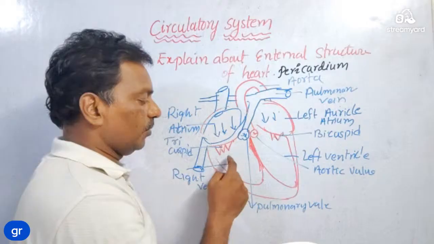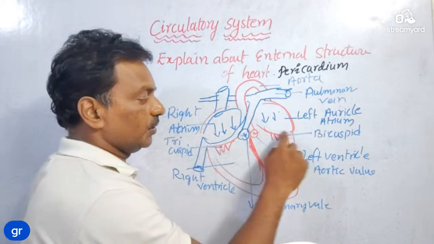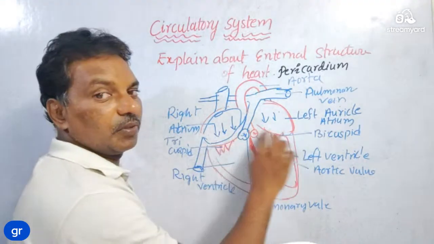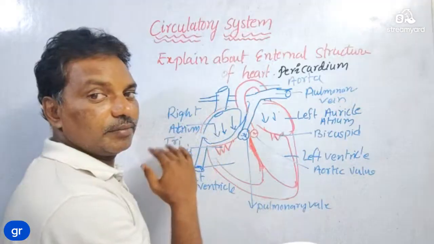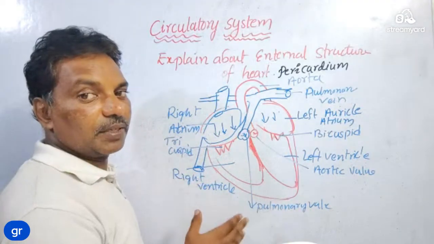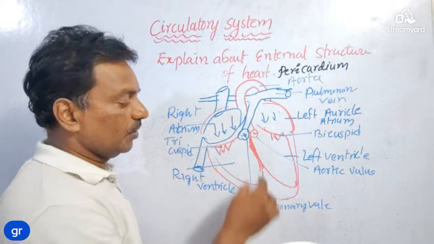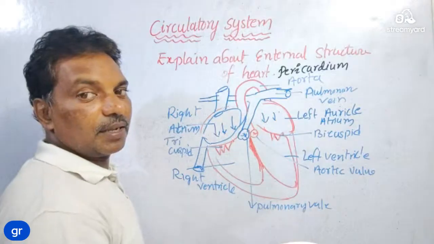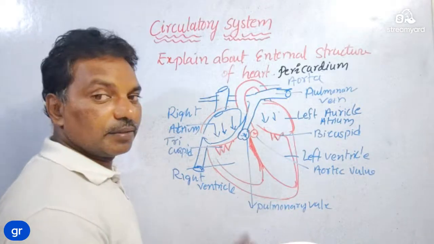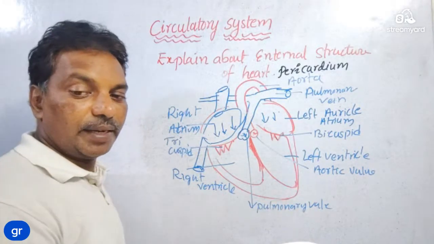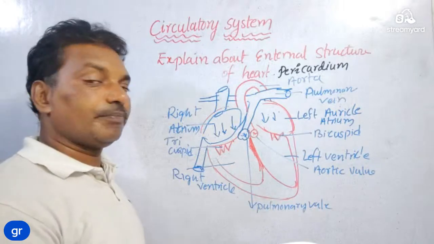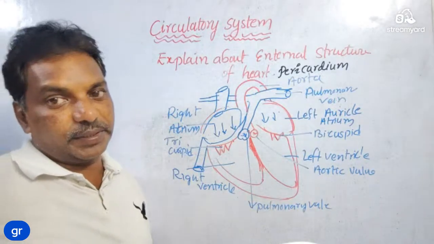So like that, the four chambers are divided by the interventricular septum, interauricular septum and auriculoventricular septa.